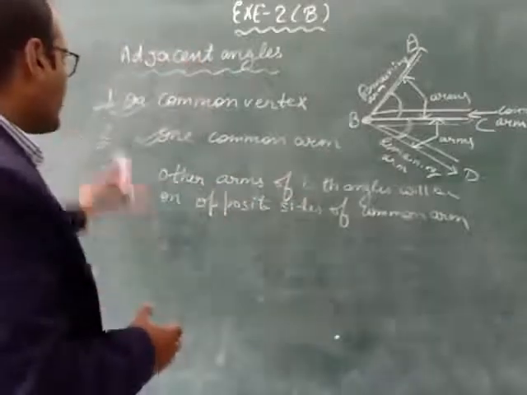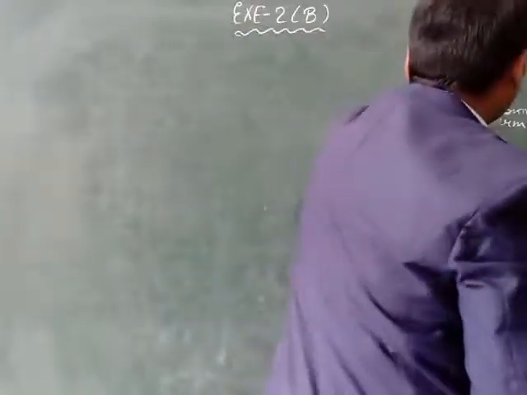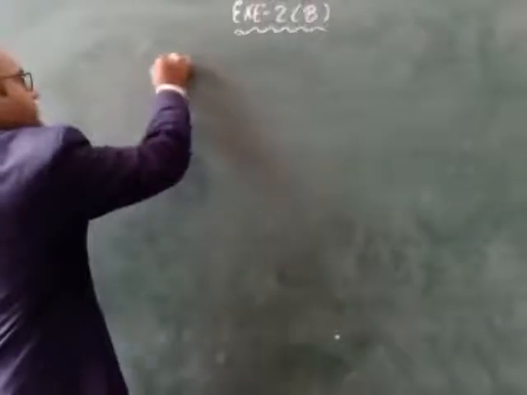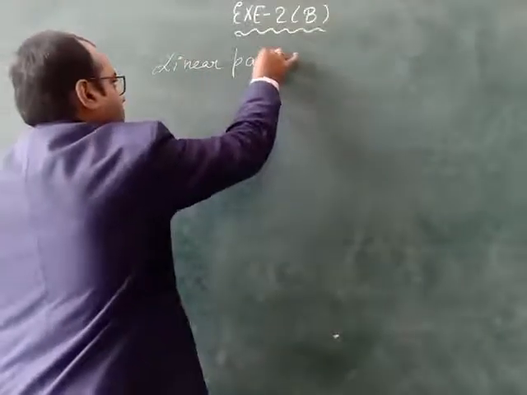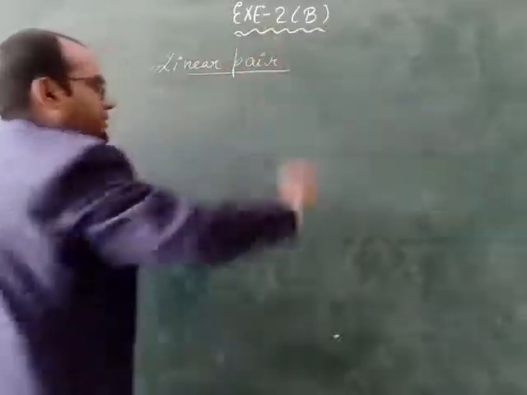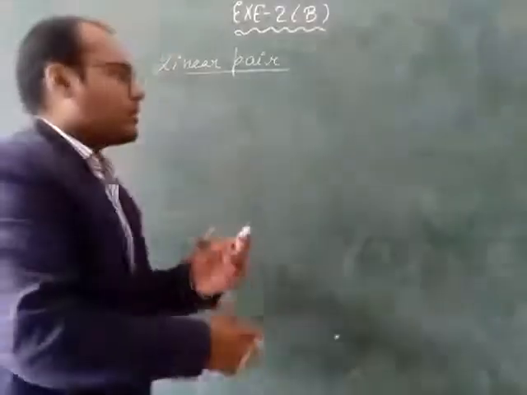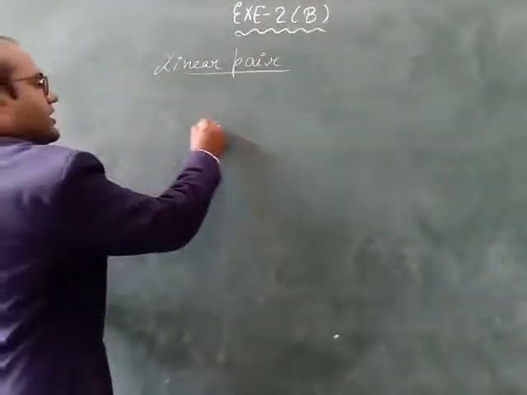Okay, now another point, second point is linear pair. Now, two angles are known as a linear pair.